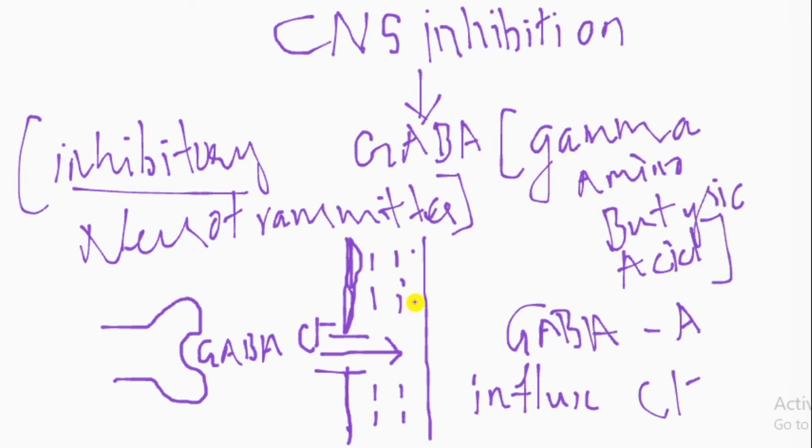So there are many negative ions inside the cell, and it becomes more difficult to make an action potential, because much more sodium needs to come inside. This is how inhibition of the central nervous system happens.